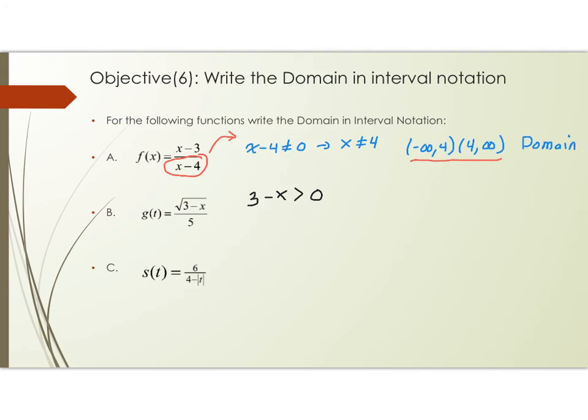This means that 3 is greater than x, right? So x is less than or equal to, actually, 3. So x is less than or equal to 3. So what that means for us is that we have negative infinity up to 3. So there is our domain.